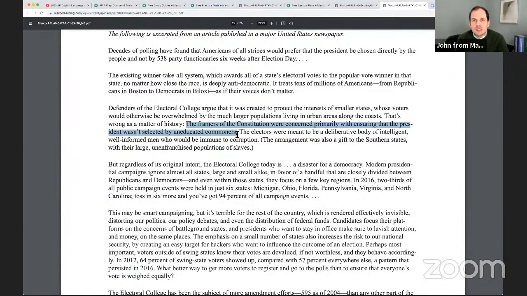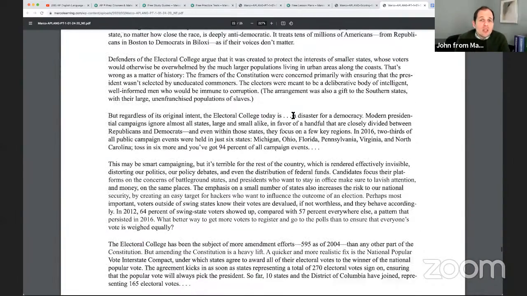So they put the Electoral College in as a check against that sort of true democracy where we would directly pick a deliberative body of intelligent, well-informed men who would be immune to corruption. But regardless, the Electoral College is a disaster for democracy.